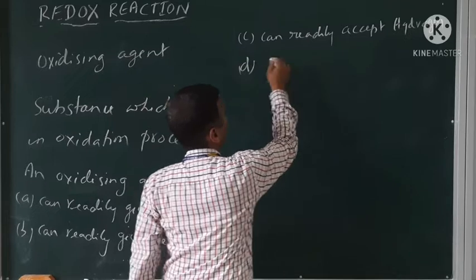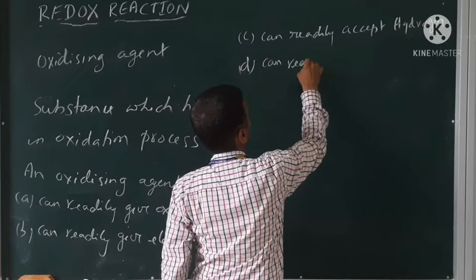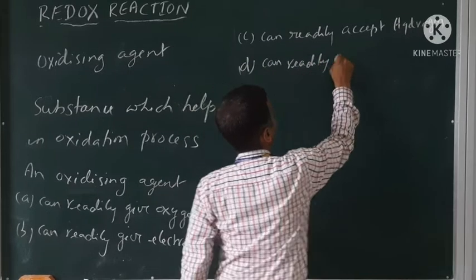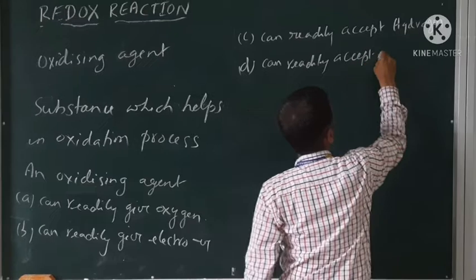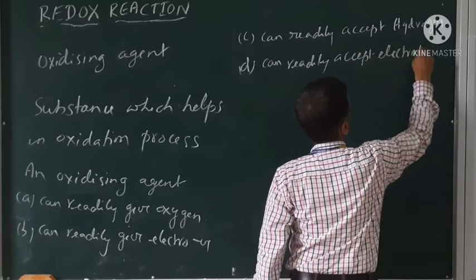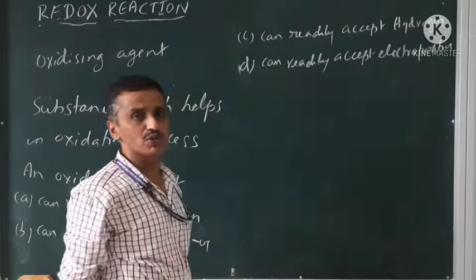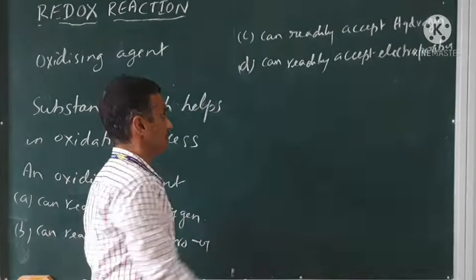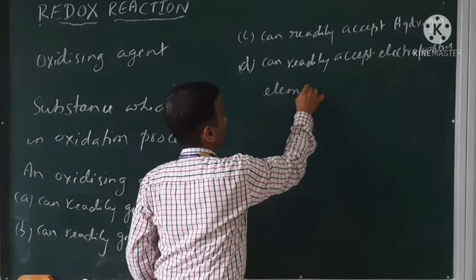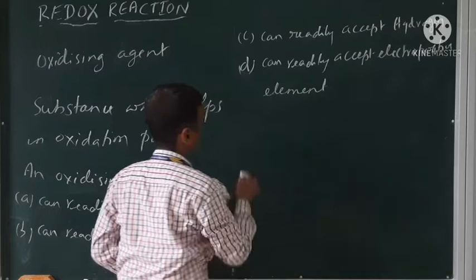D, can readily accept electropositive element, because loss of electropositive element is oxidation. So this species should have the ability to accept it.